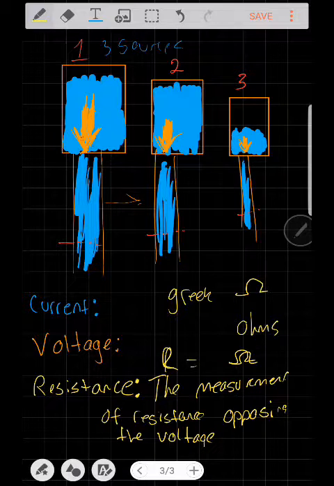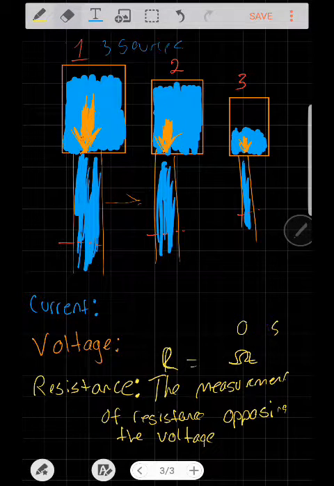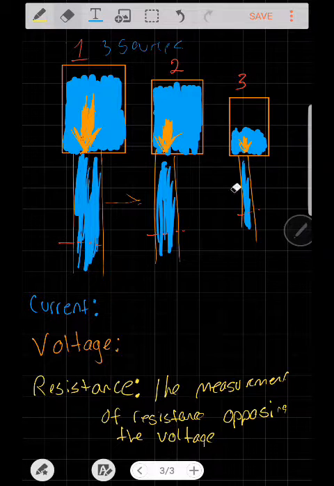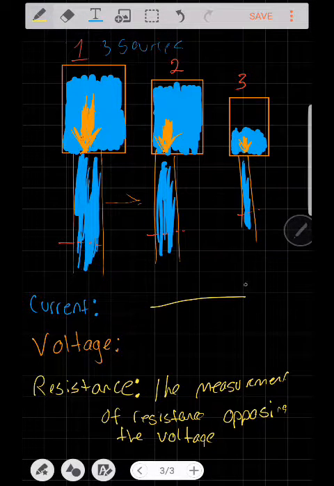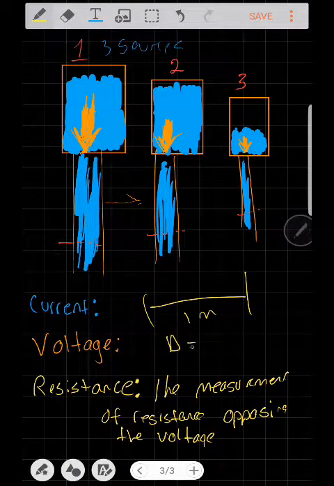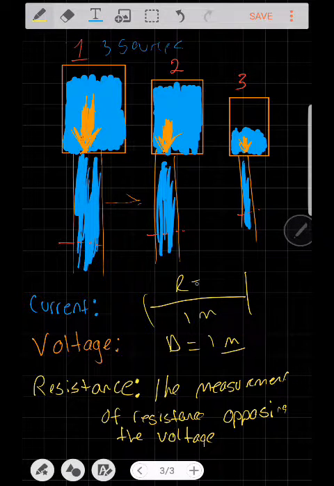To draw another comparison, think about distance. If I describe something as 1 meter, D is the symbol for distance, while meter is the unit for distance. R is the symbol for resistance, while ohms is the unit of measurement. I hope that's not confusing.